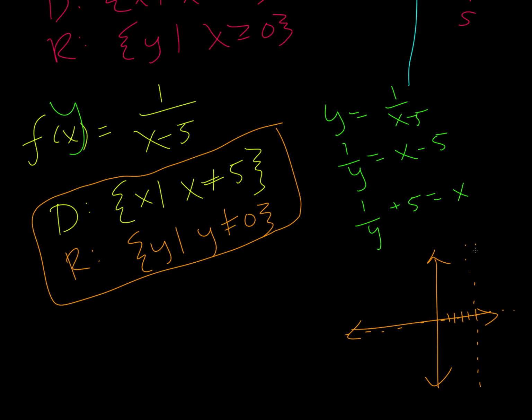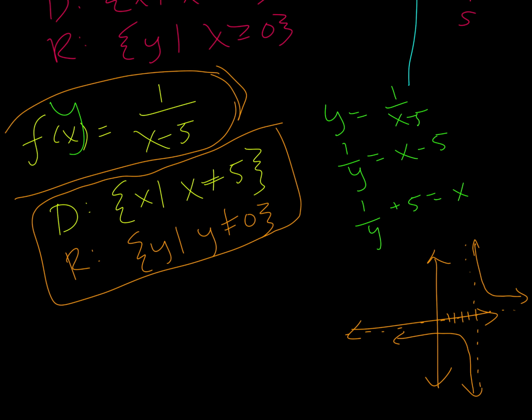And so it ends up making a graph that kind of looks like this when we graph this thing. And that's why the domain and range are what they are, because we can get infinitely close to 5, but we won't get there. We can get infinitely close to 0, but we're not going to actually get there because of those asymptotes.